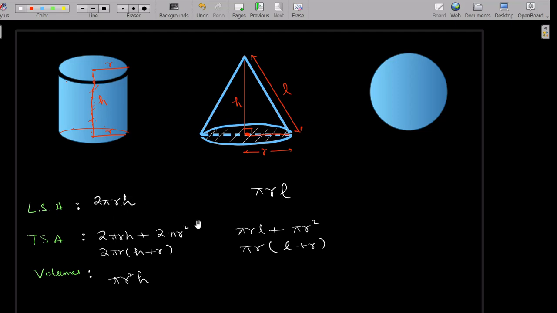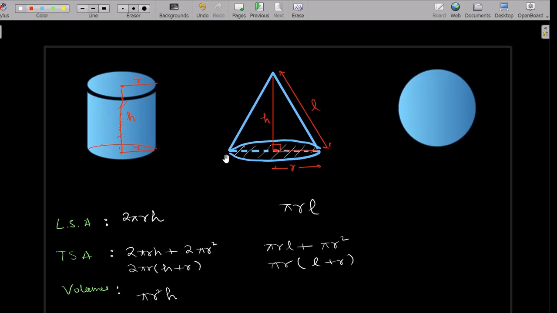In cone, there is one fact you should know. Just imagine you fill this cone with water and you empty that water in the cylinder. You fill the cone with water, empty it in the cylinder, again fill the cone and empty it, and again fill the cone and empty it into the cylinder.